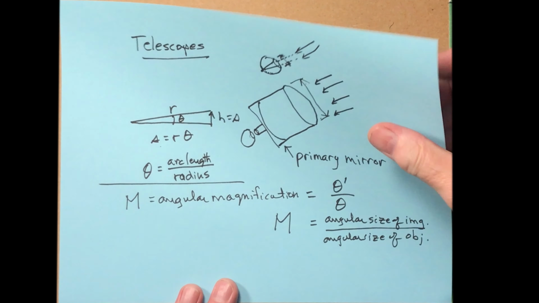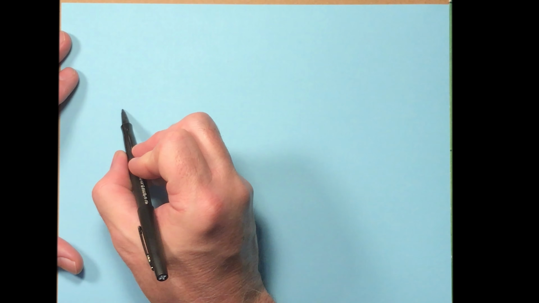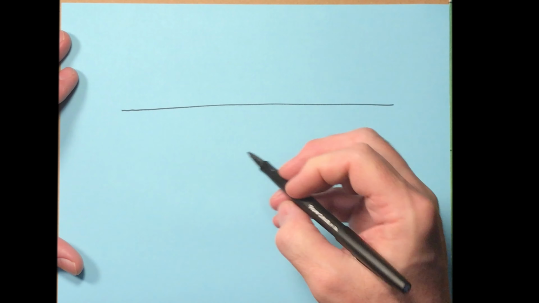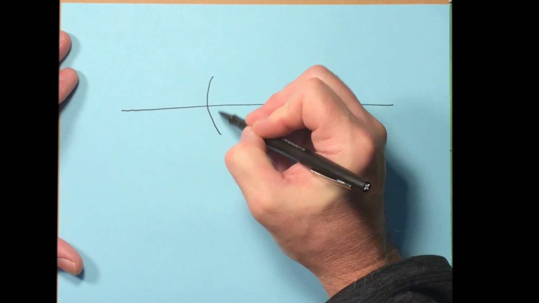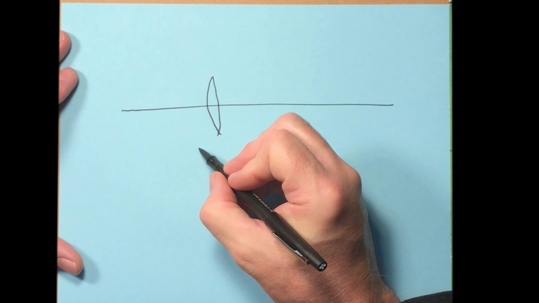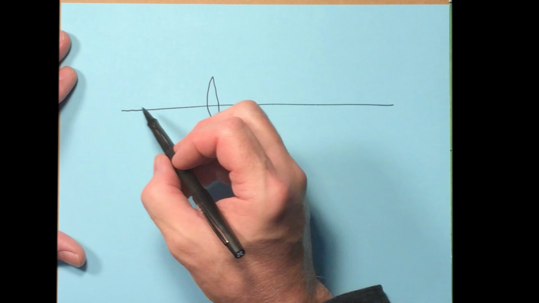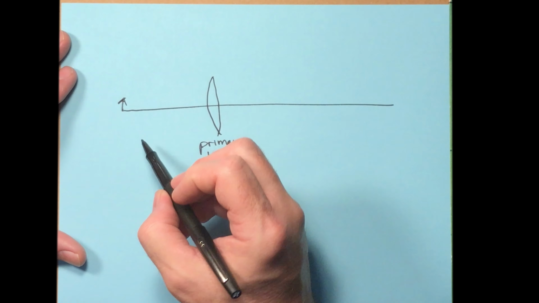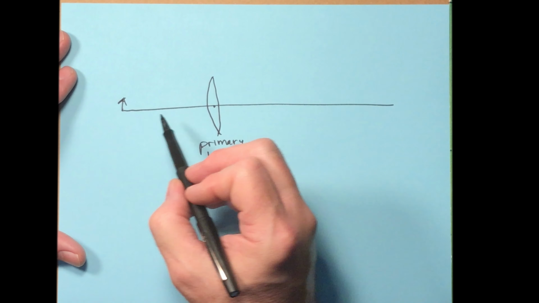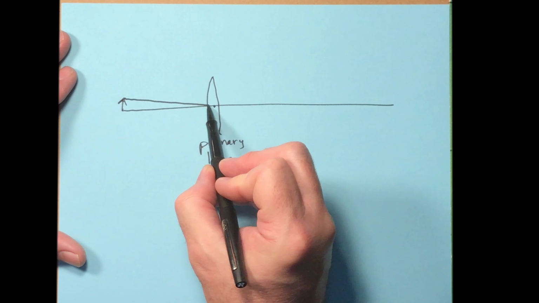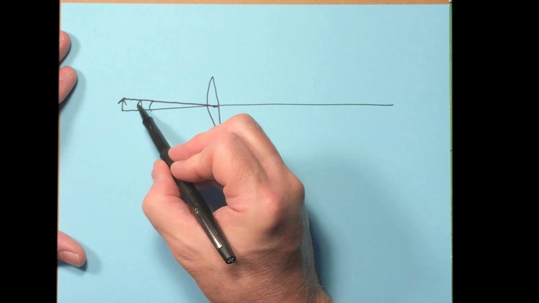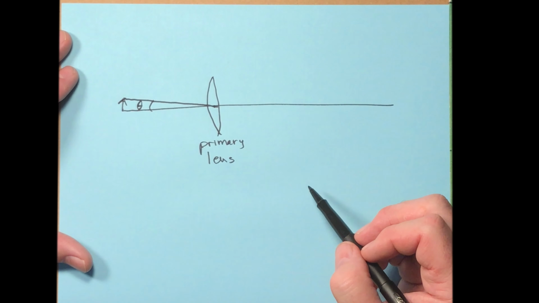Now, as I said, there are multiple configurations of telescopes, but let's talk about a very simple type. Let's say we have an axis here, and we have a big lens up front. This is the primary lens. Now something off at a distance here, if this is the center of the lens, has some angular size theta.